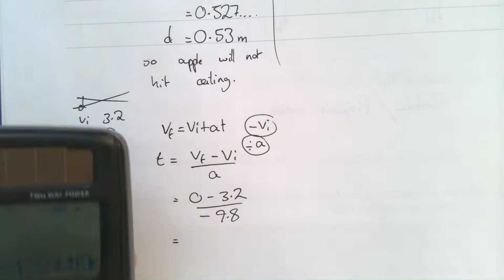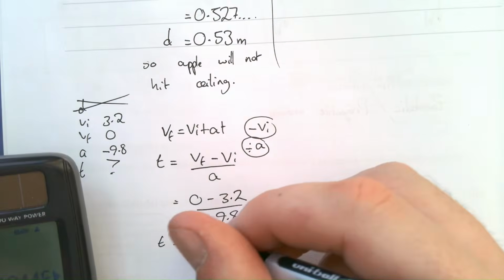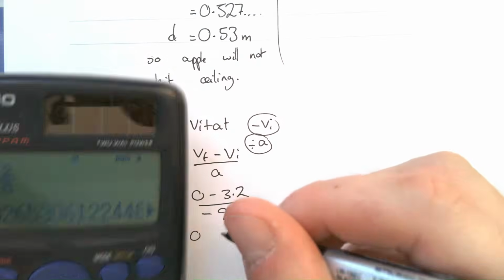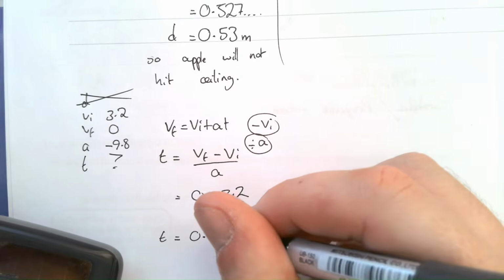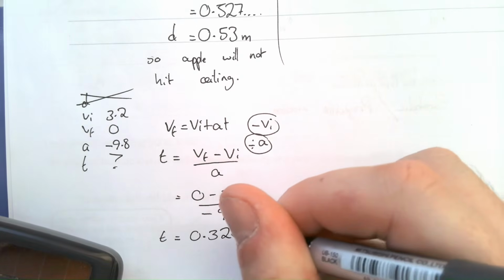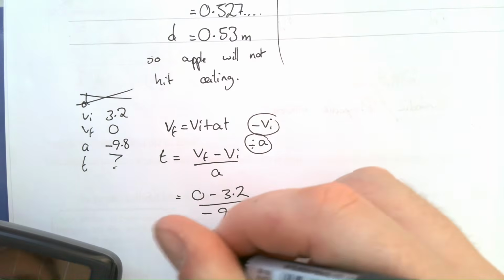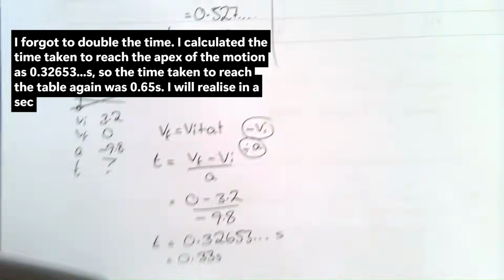And that gives us a time of 0.3653 seconds equals 0.33 seconds.